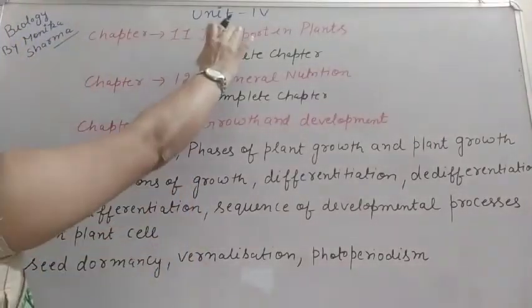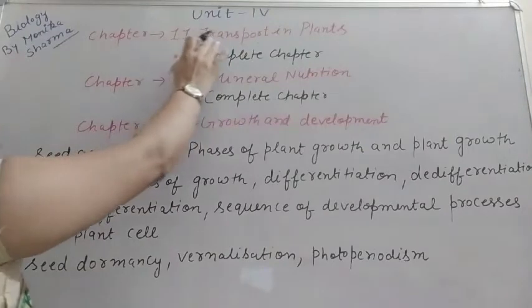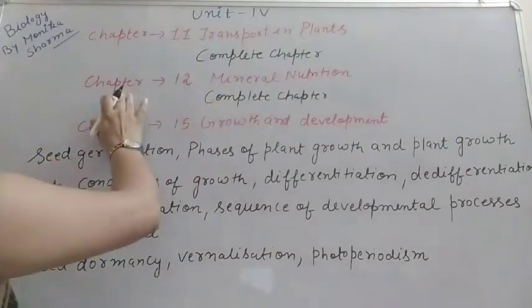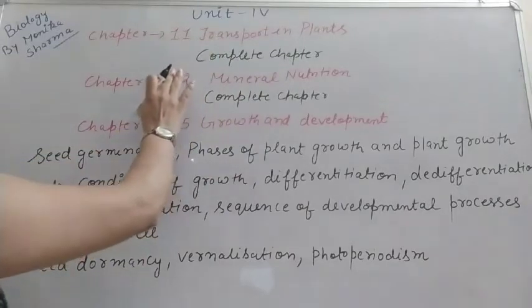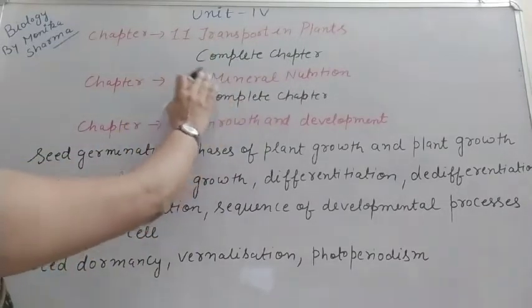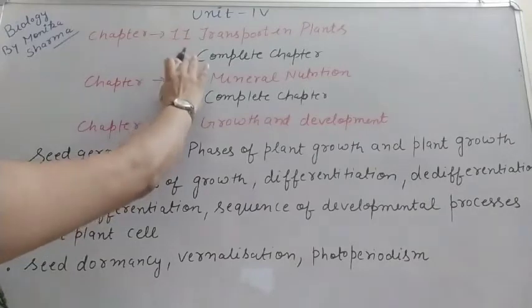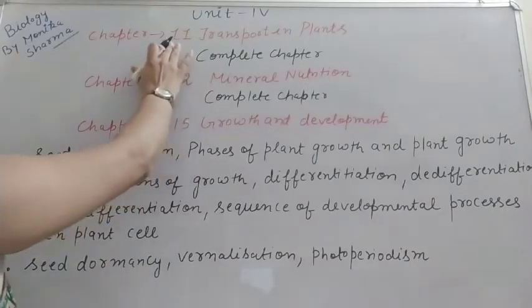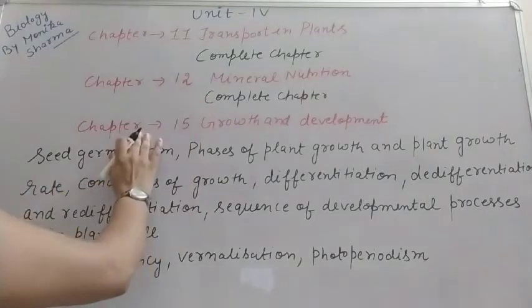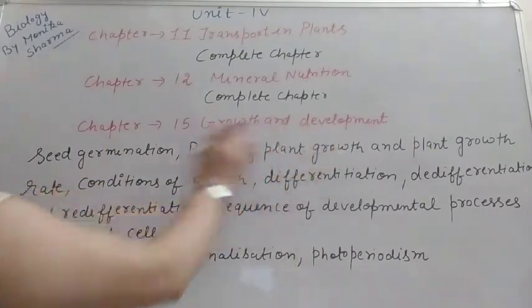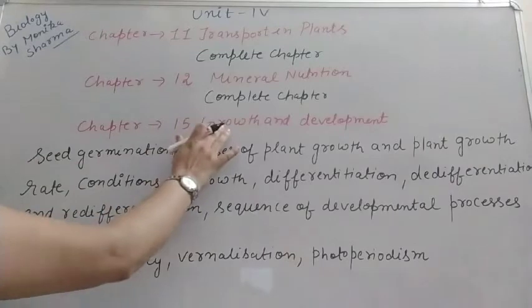Now unit 4th. Chapter 11, Transport in Plants, and chapter 12, Mineral Nutrition. Both chapters are completely deleted from the syllabus. In chapter 15, Growth and Development, only the growth topic is left.